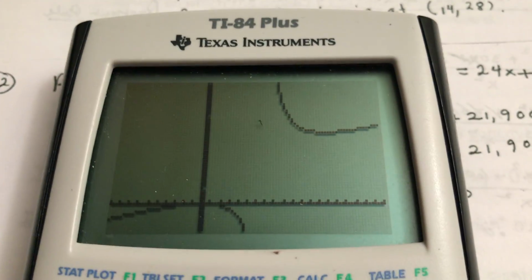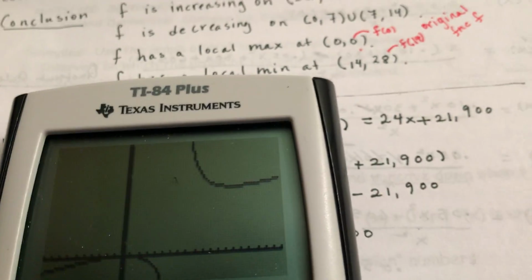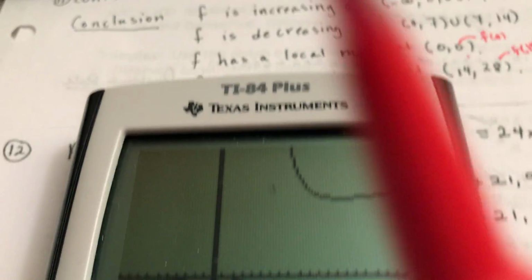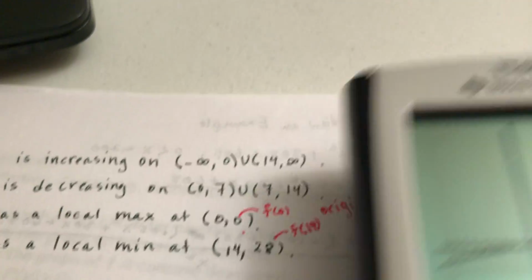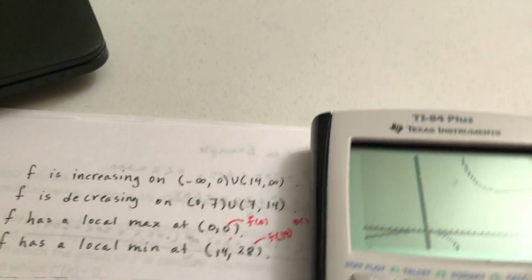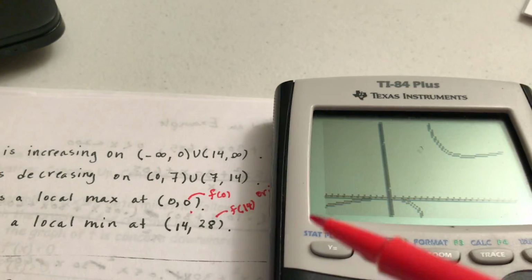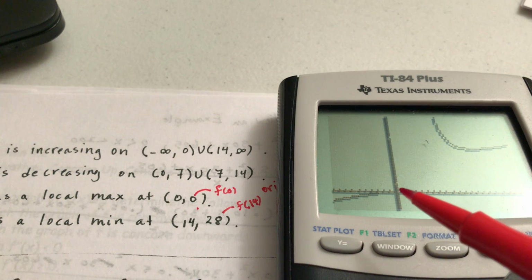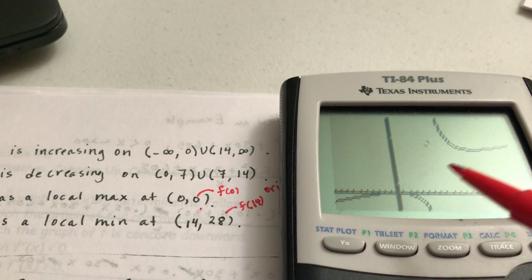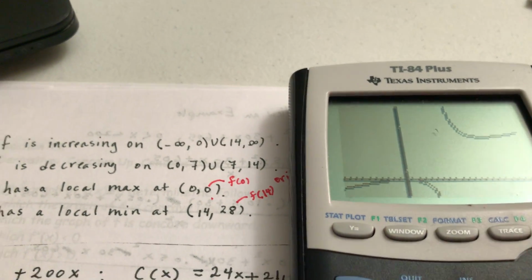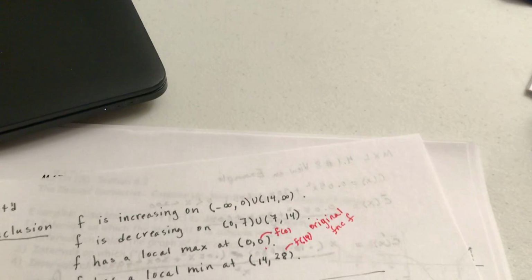So what did we conclude? We concluded that f is increasing. This matches it. Up to 0, so increasing up to 0, and then also it increases again over here. It might be easier to actually see it here.